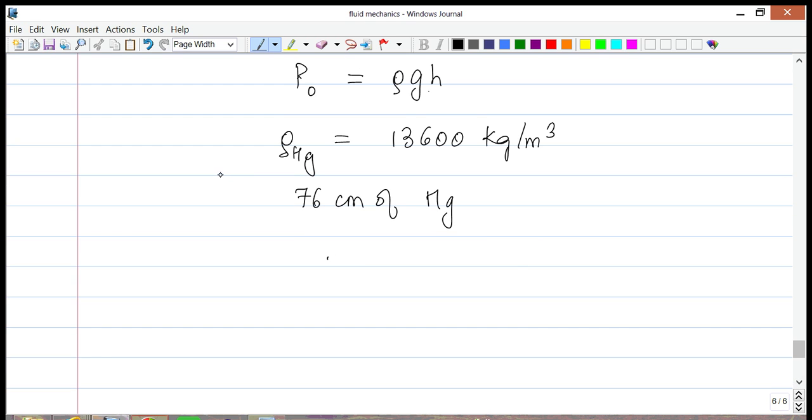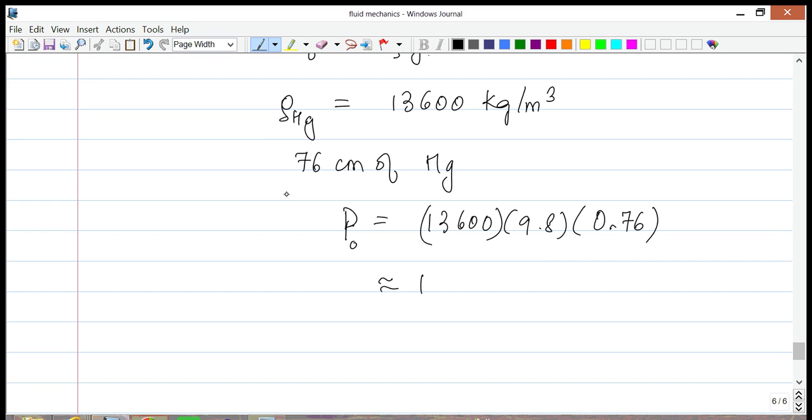This height can be calculated using the equation h equals P0 over rho times g, so we can calculate the atmospheric pressure using P equals rho g h. Rho is 13,600 times 9.8 times the height, 0.76 meters, and you get a value of 1.01 times 10 to the 5 pascals.